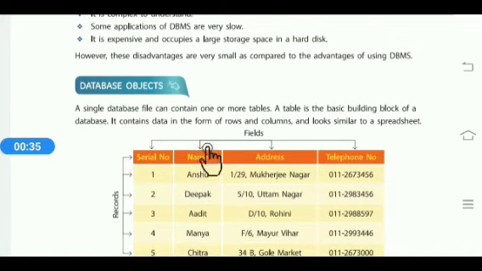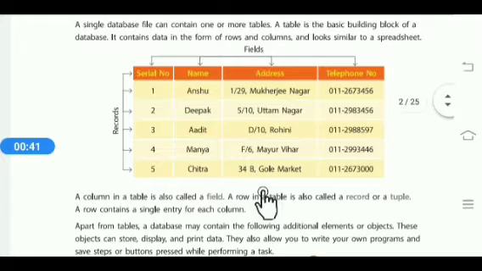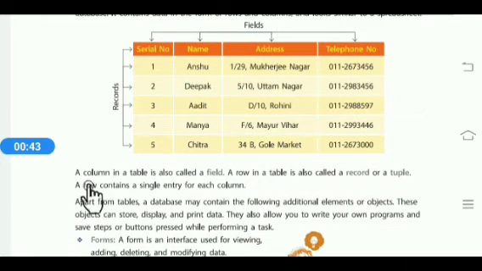This is a column. It contains data in the form of rows and columns and looks similar to a spreadsheet. A column in a table is also called a field, and a row in a table is called a record or a tuple.